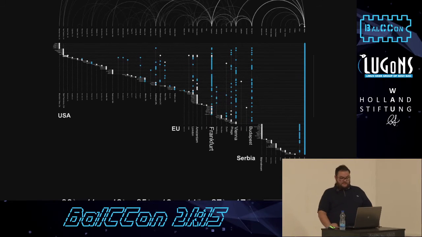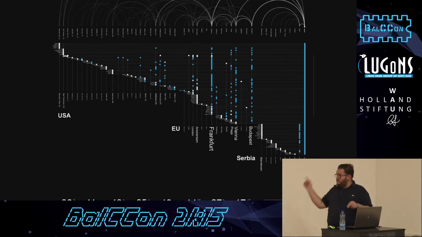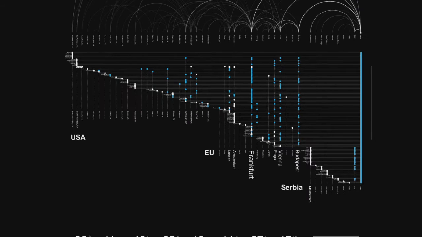So let's just have a closer look at that. These blue points on the right are your source computer, and on the left, the blue points are the points where your data, practically, when visiting those websites, is copied. So we see a huge concentration of these blue, and the white points are where the website is actually hosted. So we have a huge frequency of these blue dots in Budapest, Vienna, and Frankfurt.